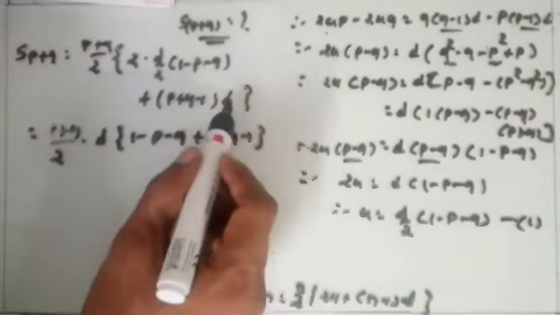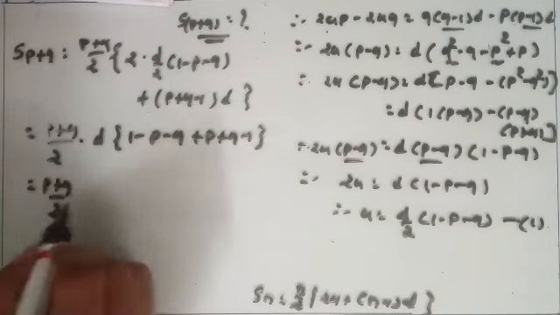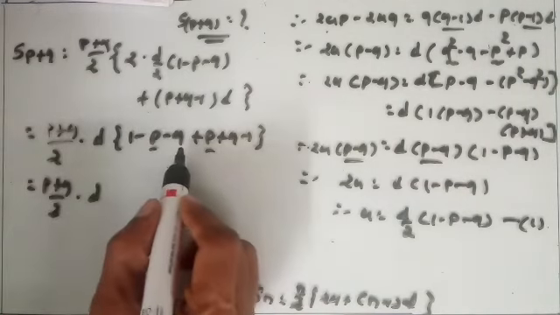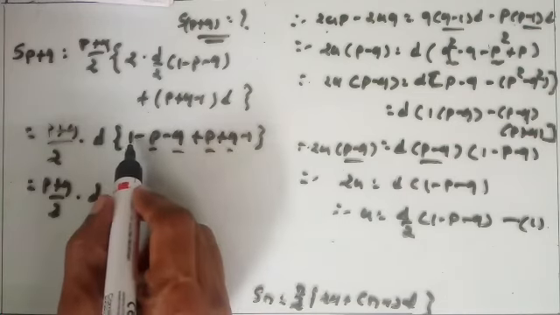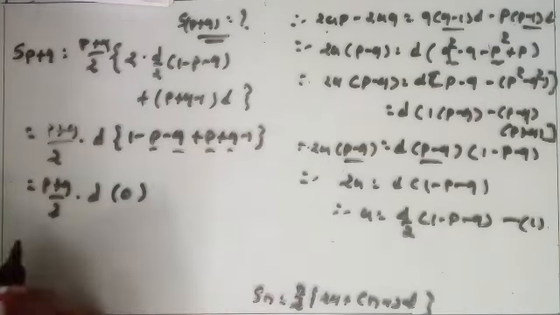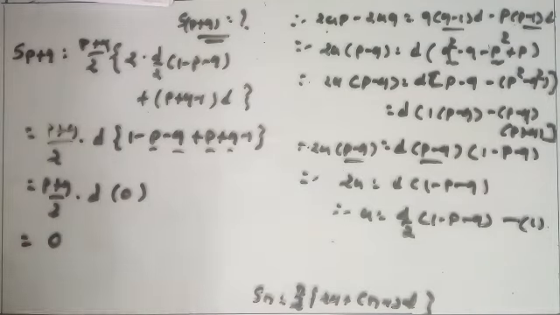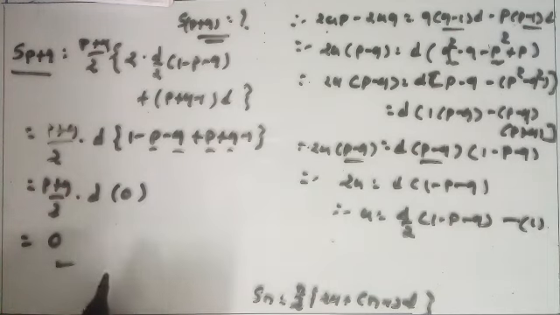Taking D common, this is equal to P plus Q upon 2 into D times: minus P plus P cancels, minus Q plus Q cancels, 1 minus 1 cancels, so it becomes 0. So any number into 0 becomes 0. So the sum of P plus Q terms is equal to 0.